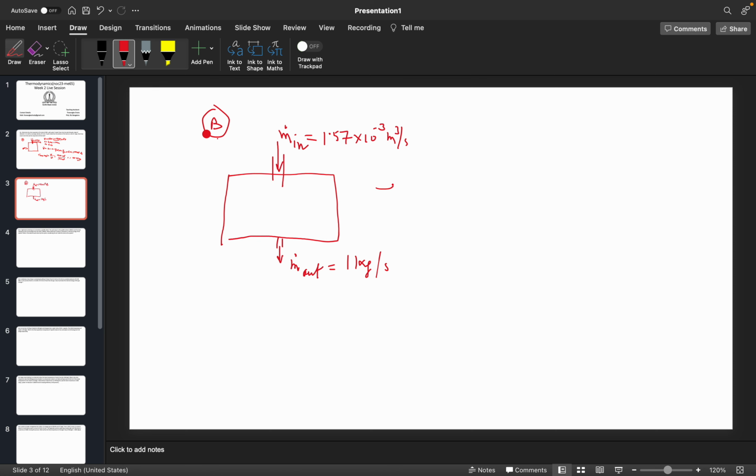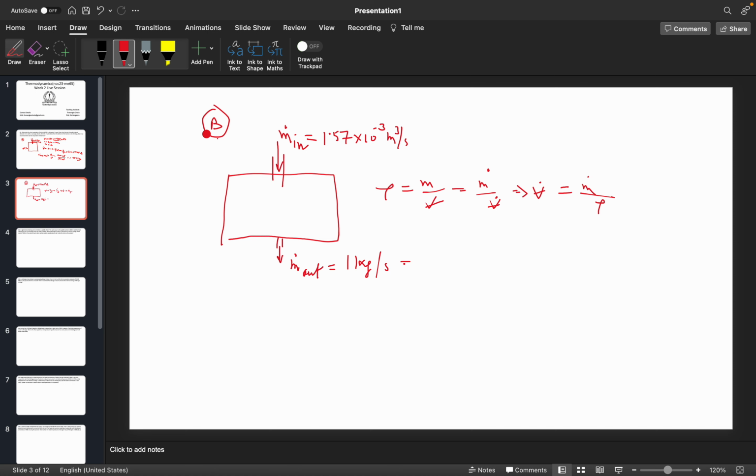We already know that density is equal to mass per unit volume. So this can also be written as mass flow rate per volume flow rate. Remember, I'm using a dot below for volume. So from here we can convert volume flow rate as mass flow rate divided by density.